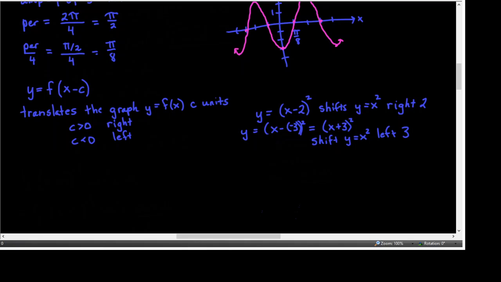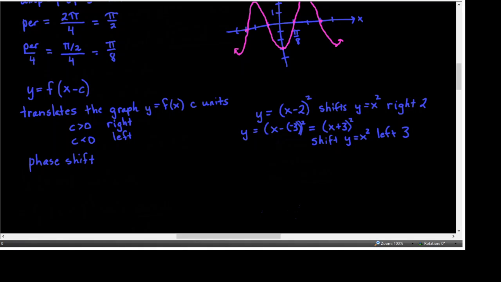Now, in trigonometric graphs, that translation has a name. It's called a phase shift. That's a horizontal shift in the graph of a trig function.